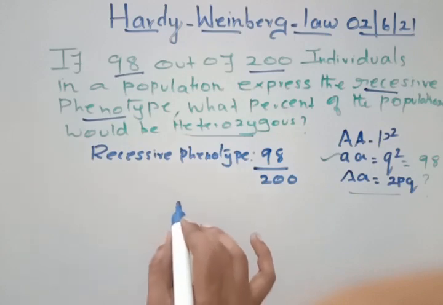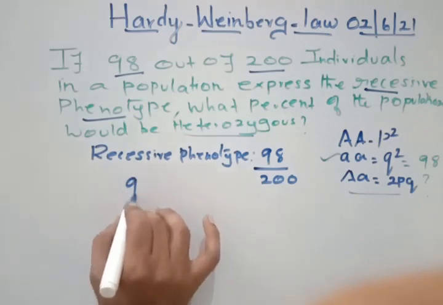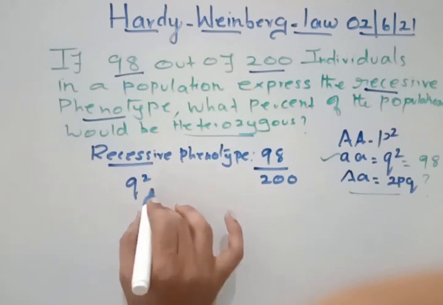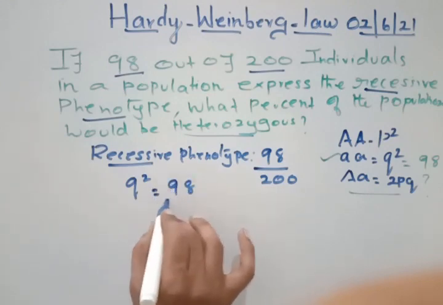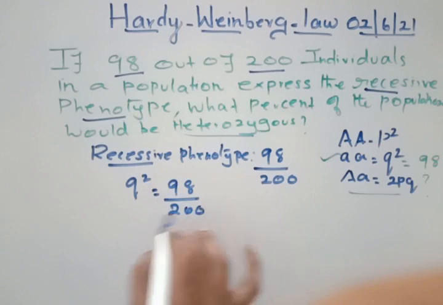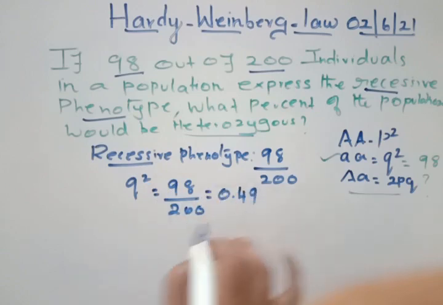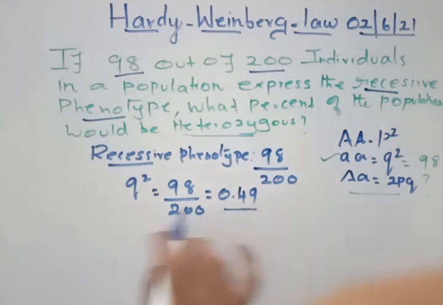So 98 by 200. The q square is the recessive phenotype. It is 98 divided by 200, so it gives 0.49. So this is the actual recessive, the value of q square.